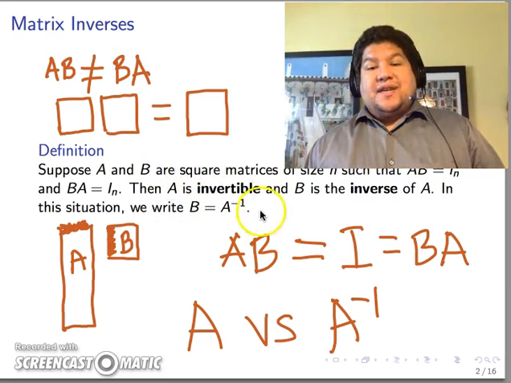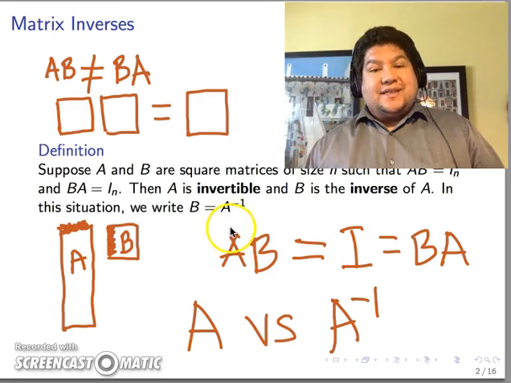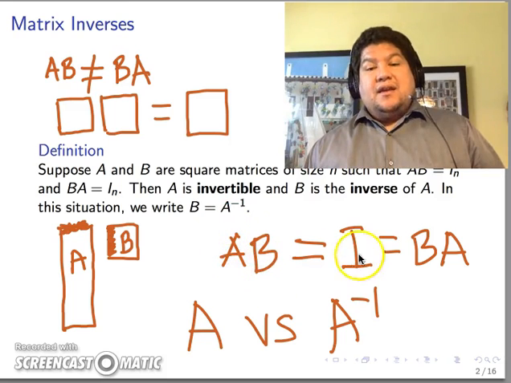And so we would say that A inverse exists if there is a matrix such that when multiplied by A, that product equals the identity.